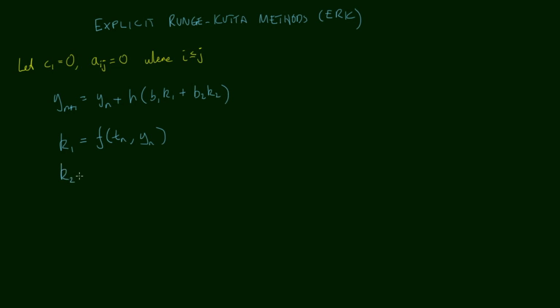Our second stage value is similar to before: tn plus c2h, and we'll have yn plus h times the sum over j equals 1 to s, so we'll have a21 times k1. Ordinarily we'd have a22 times k2, but because i is 2 and j is 2, a22 would be 0.